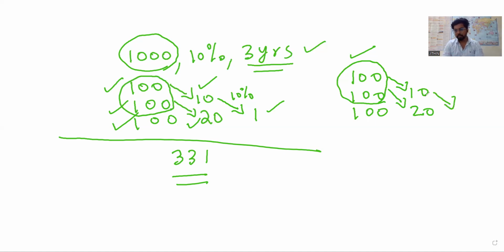So what is 10% of this 10? Diagonal, right? So 10% of this 10 is 1. In order to find the compound interest, you need to add all these values. That is 100 plus 100 plus 100 plus 10 plus 20 plus 1, which will give you 331. Simple, right? Okay. Let's see another question.